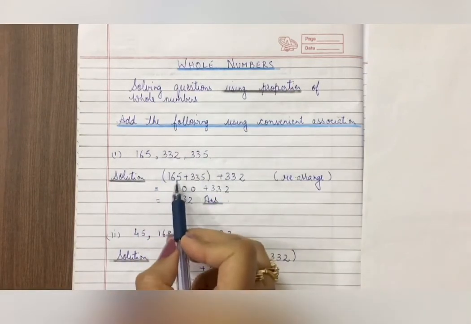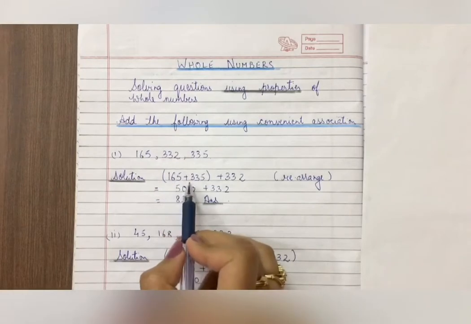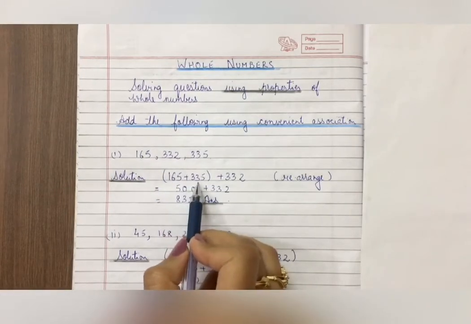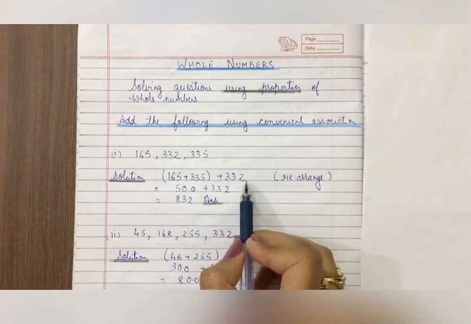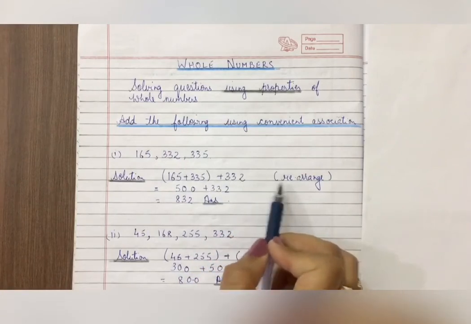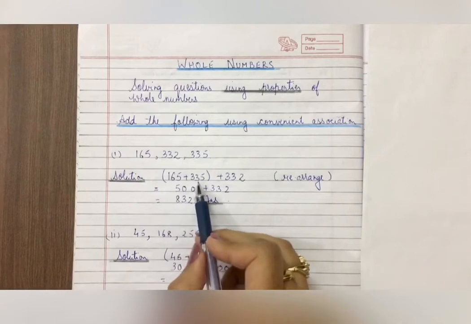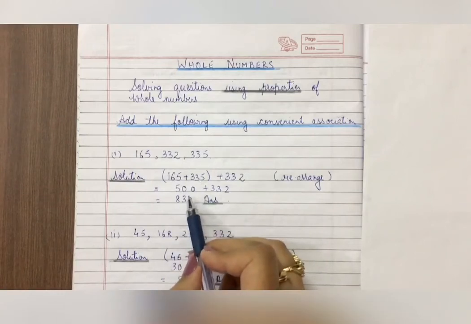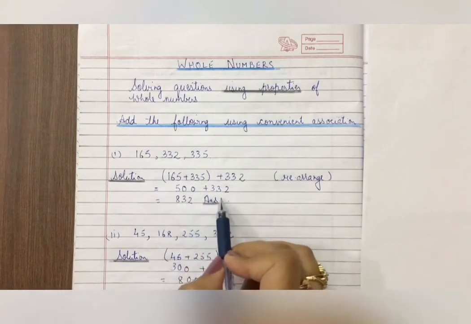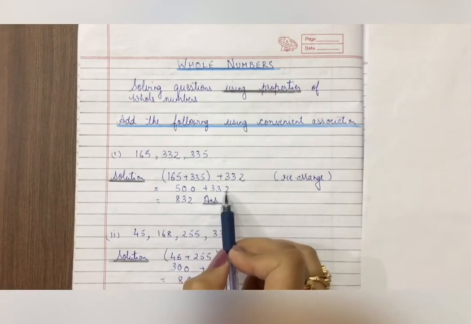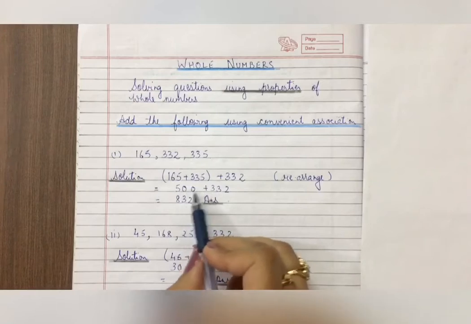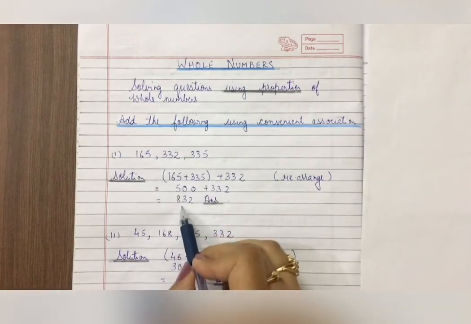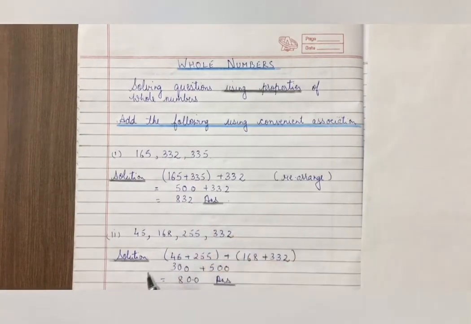So I have taken them inside the bracket, 165 plus 335, bracket closed, plus 332. So I have rearranged them. Inside the bracket, 165 plus 335 gives me 500, plus 332. 2 plus 0 is 2, 3 plus 0 is 3, 3 plus 5 is 8. So my answer is 832.